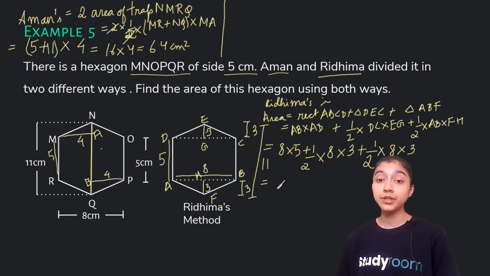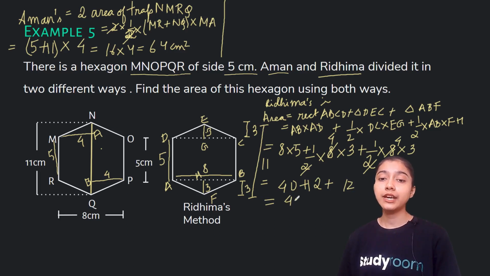8 multiplied with 5 gives us 40. This 2 will get cancelled out with this 8 and result in 4. And again this 2 will get cancelled out with 8 and result in 4. 4 multiplied with 3 gives us 12. And again 4 multiplied with 3 gives us 12. So ultimately we have 40 plus 12 plus 12, which will be equal to 64 centimeter square.